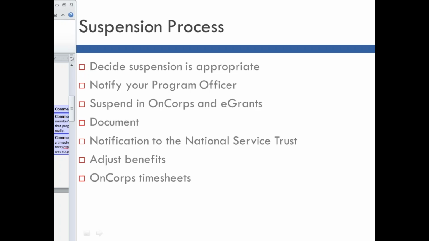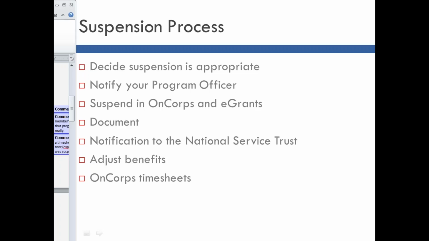Especially if this is for disciplinary purposes, I think you'll want to have a clear description of the issues that were at hand that led to a suspension, because in some cases you may have a suspension that eventually leads straight to an exit. So in those cases, it's good to have all of that documentation in place before it might be hard to get a hold of the member.